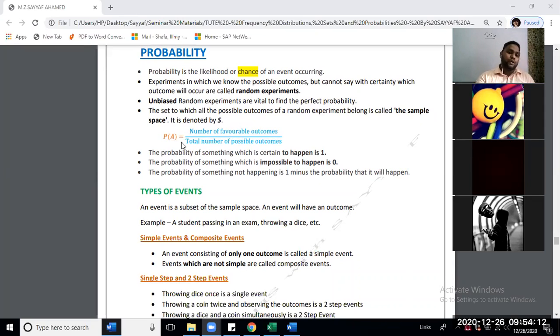Say for example, you have numbers from 1 to 10, where you are going to pick only the even numbers. So even number is your desired or favorable outcome, but you have the total possible outcomes from 1 to 10. So likewise, be precise about which event you are going to calculate the probability for.